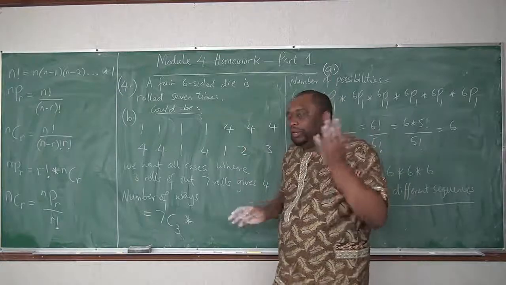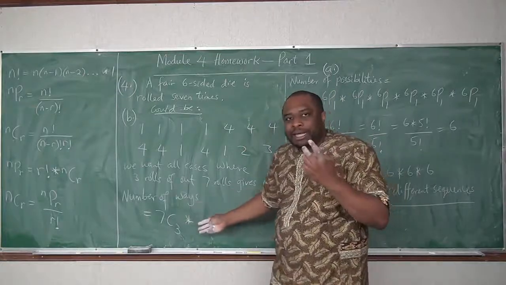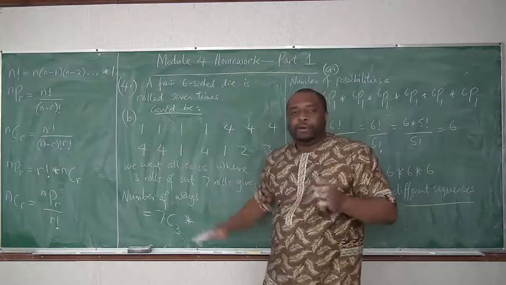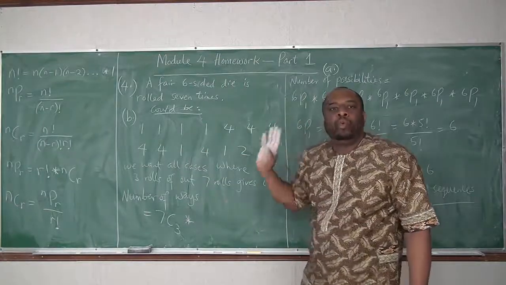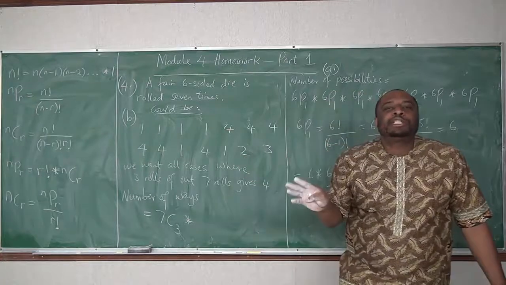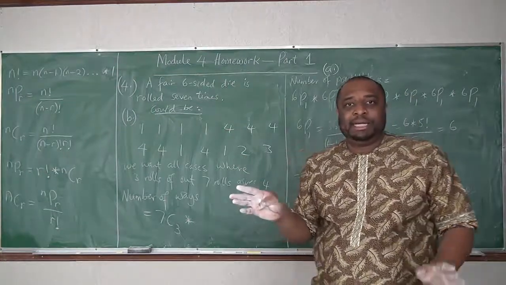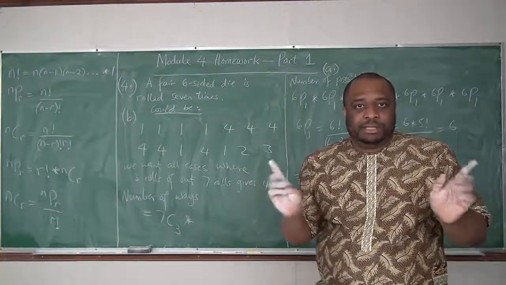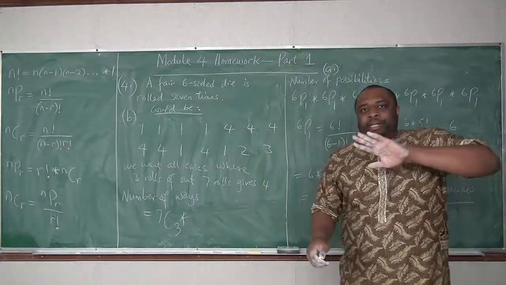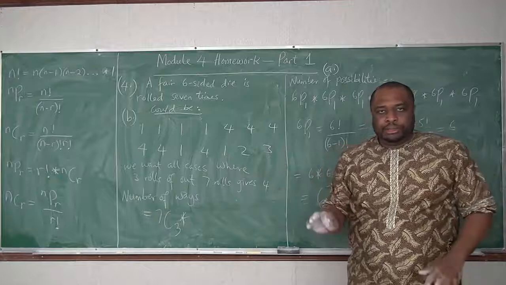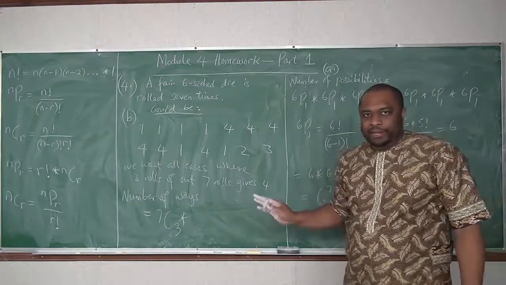So when 3 rows are 4, we still have 4 other cases, which now give us permutation. In the other 4 rows, we don't want any 4.